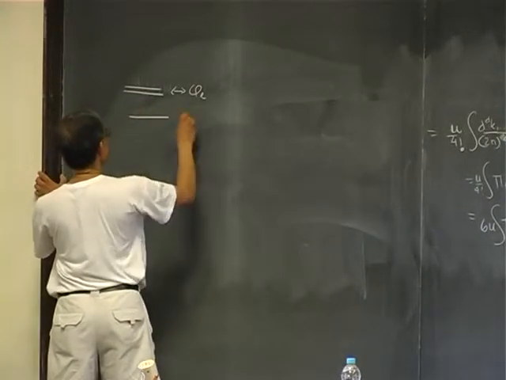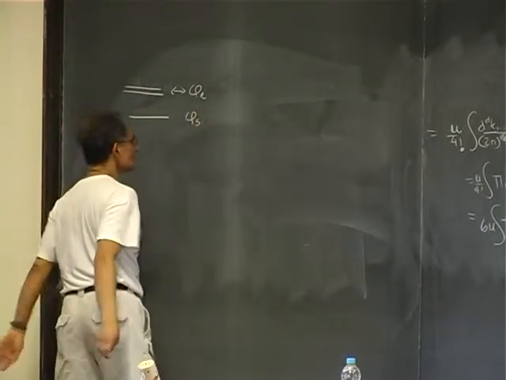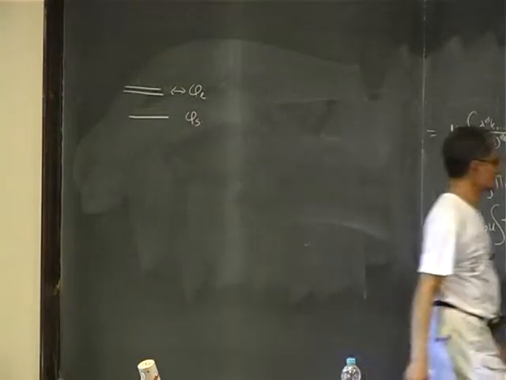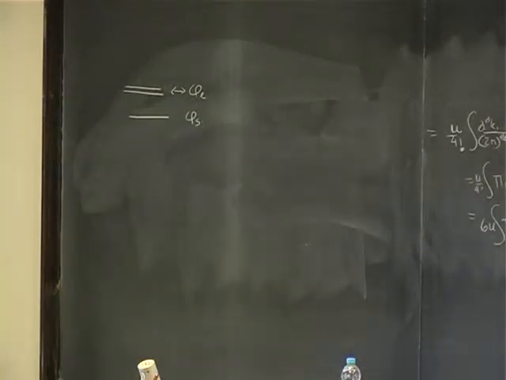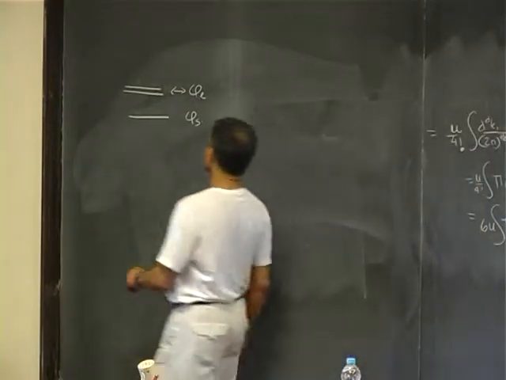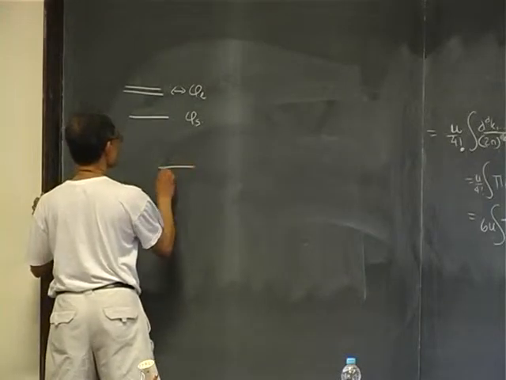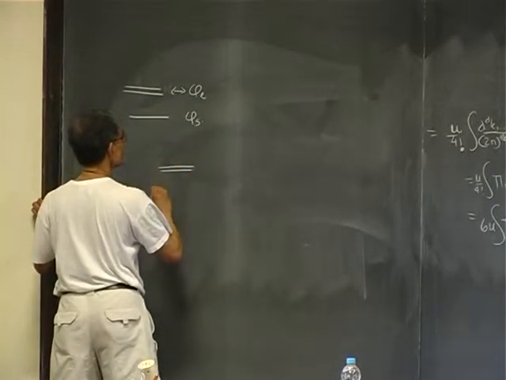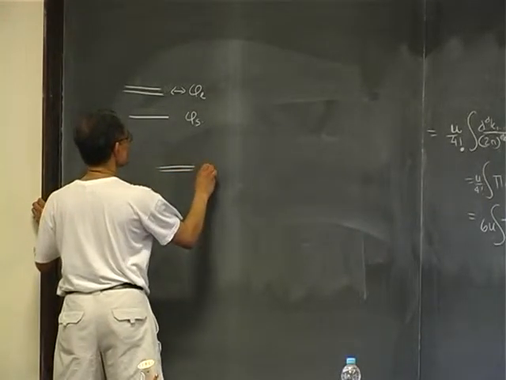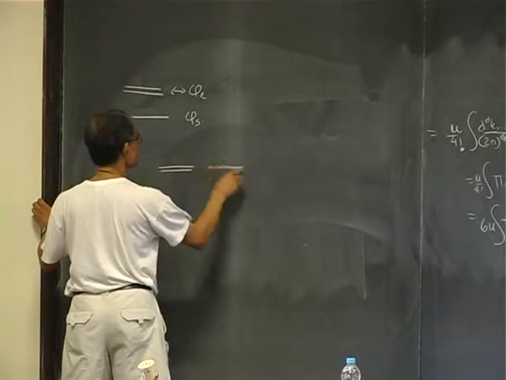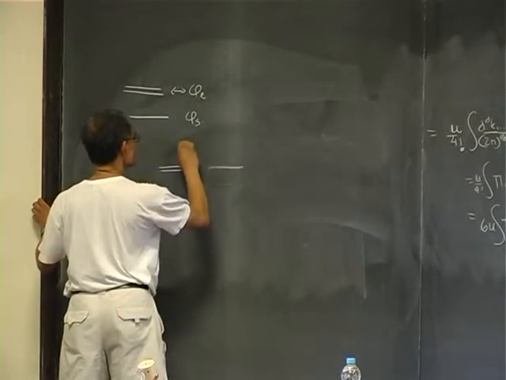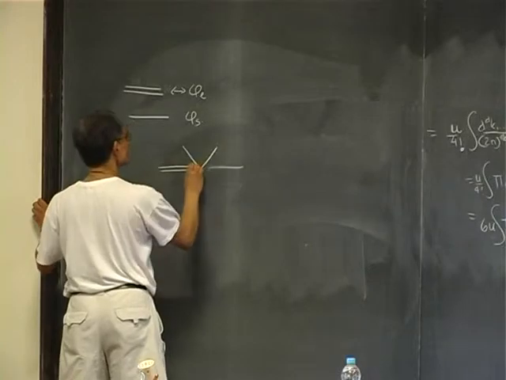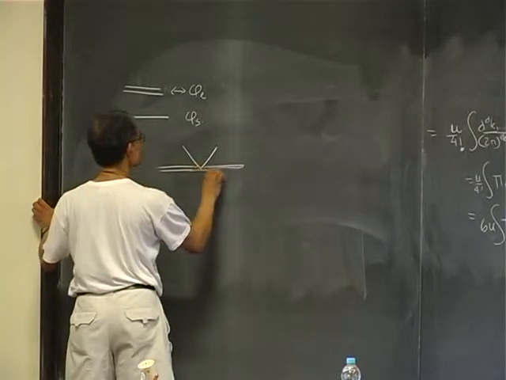And then there is a single line, which I call phi S. Symbolically, this thing is then represented by these 2 phi L's and 2 phi S's, something like this. This term is represented like this.